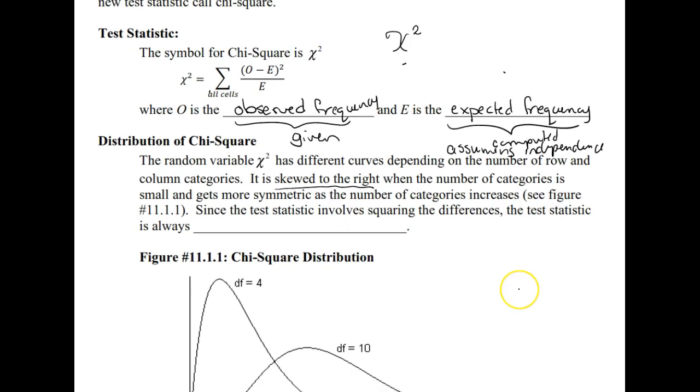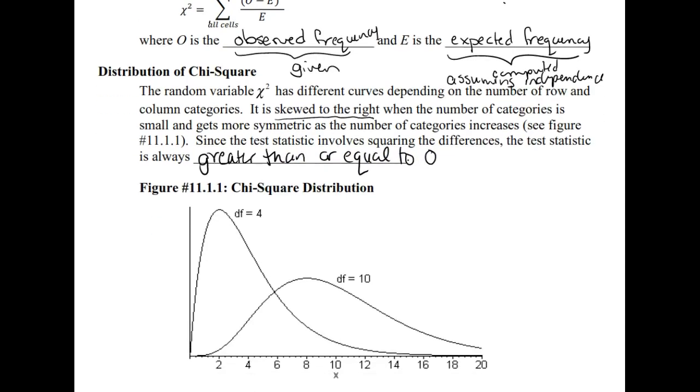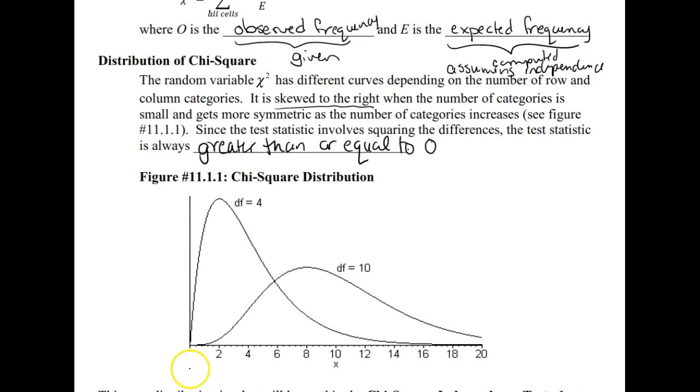Since the test statistic involves squaring the differences, it is always greater than or equal to 0. So our distribution curve starts at 0 and extends out to infinity.